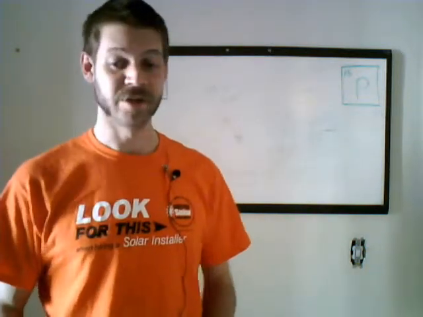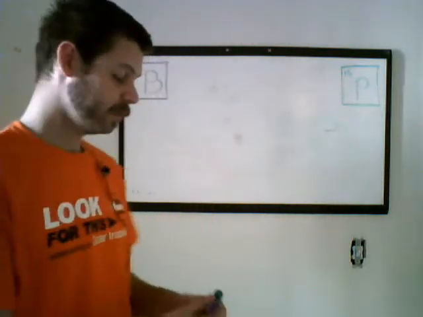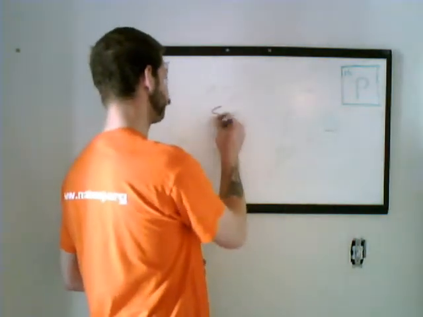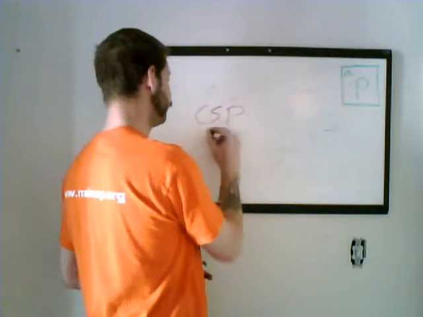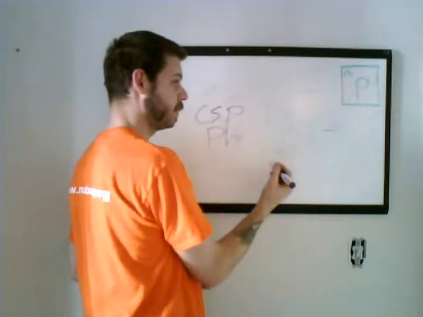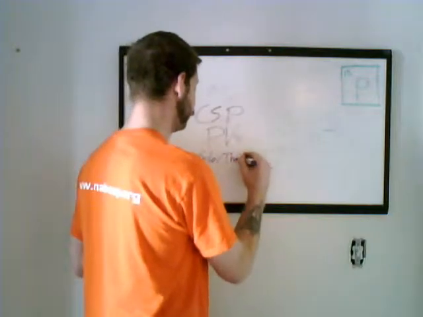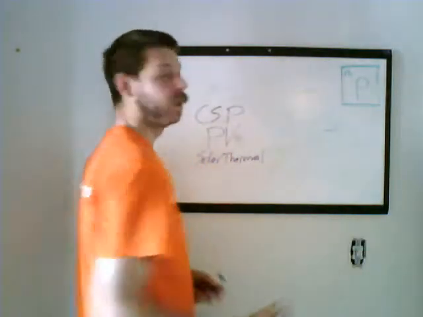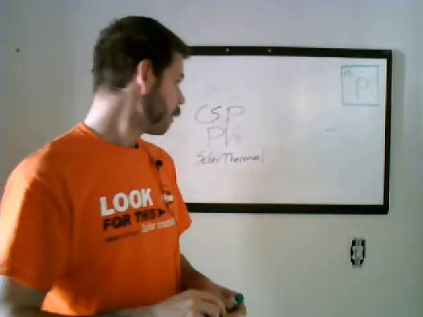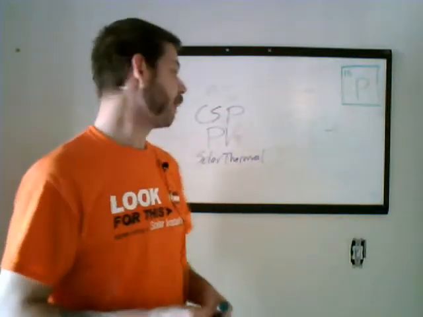So, a solar cell, or a PV cell, or solar power. What is solar power? Solar power is power that comes from the sun. There's a few different kinds of solar power. There's CSP, there's PV cells, there's solar thermal, concentrated solar power.